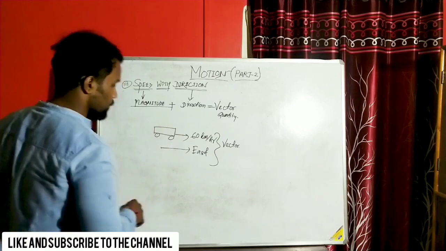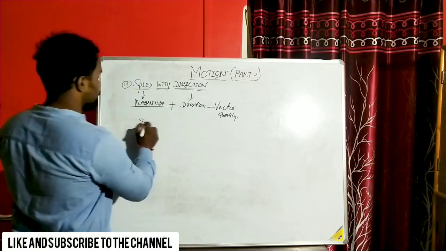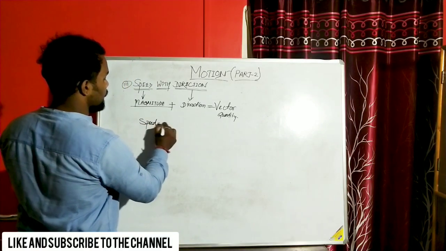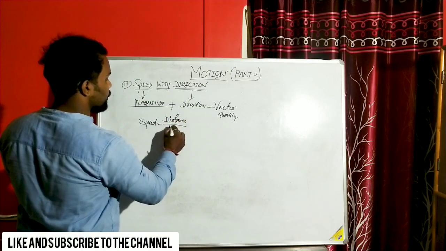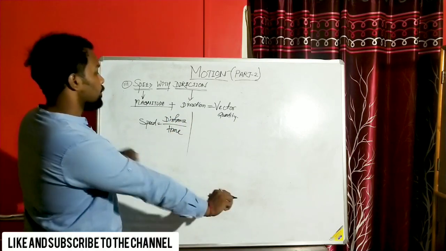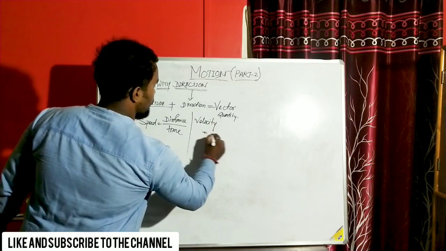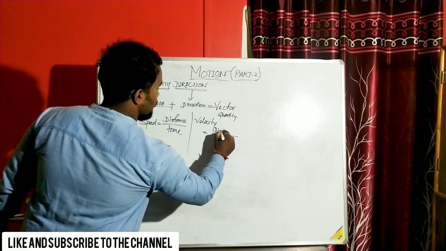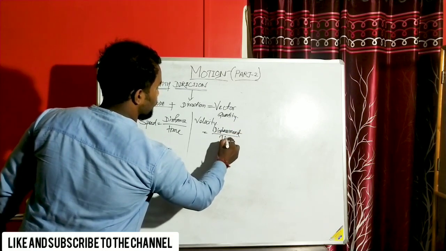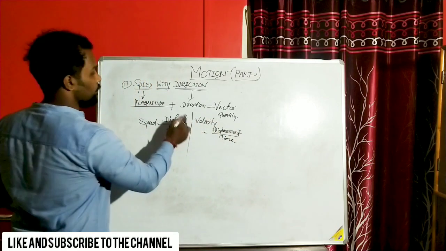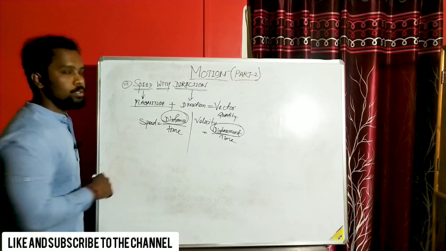Now, first I will erase this part. In case of speed, what we have got? The rate of change of distance per unit time, but velocity will be the rate of change of displacement per unit time. Look carefully. This is distance, this is displacement. What is the difference?